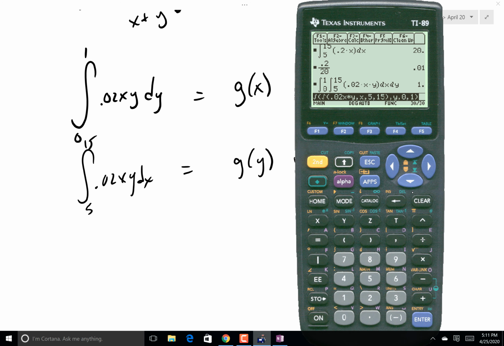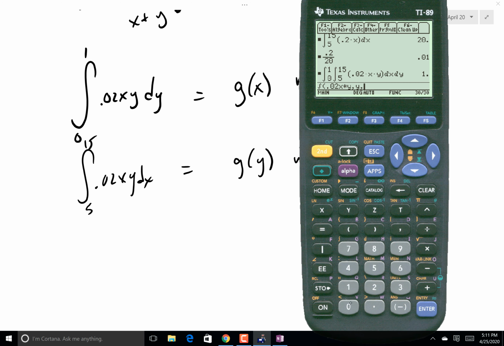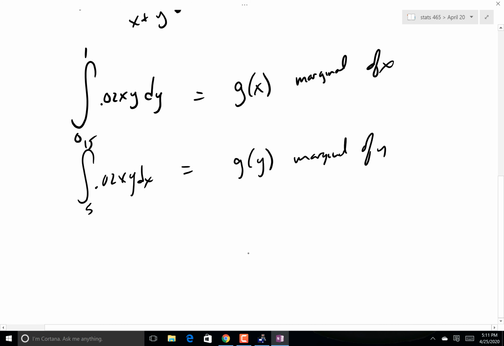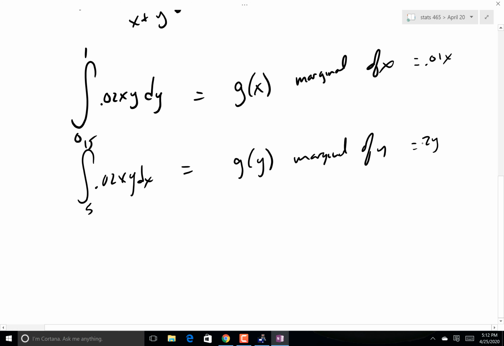Let's see if this is true. Again, what you're doing is you're getting rid of the variable that you don't want anymore. 0.01x. I feel like I've seen that before somewhere. And 2y. Again, I feel like I've seen those guys before. So the question will always be, does this times this equal this? If it does, then you have independent events.